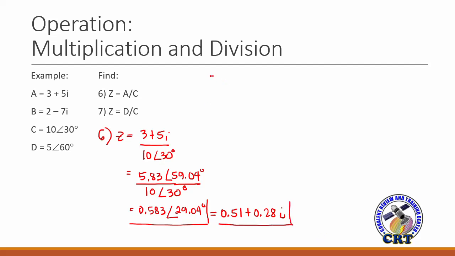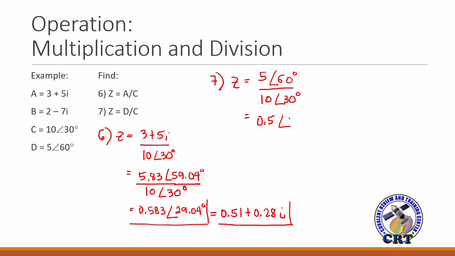For number 7, z equals d divided by c. D is 5 angle of 60 degrees divided by c, which is 10 angle of 30 degrees. So 5 divided by 10 is 0.5. For the angle, 60 minus 30, that is numerator minus denominator.